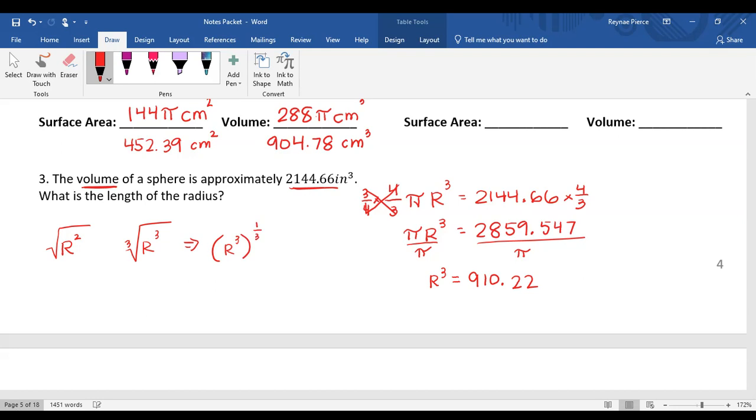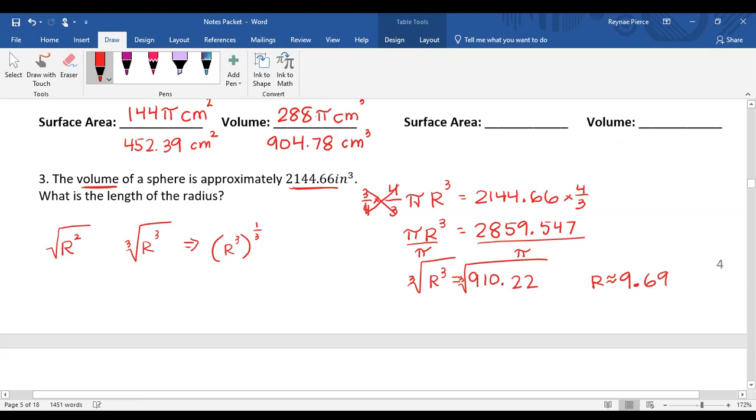We can talk about this in class more. But that answer, our radius, if we take the cube root of both sides, is about 9.69 inches long. Oops, that's meters.